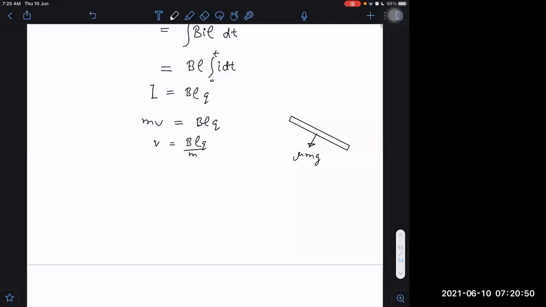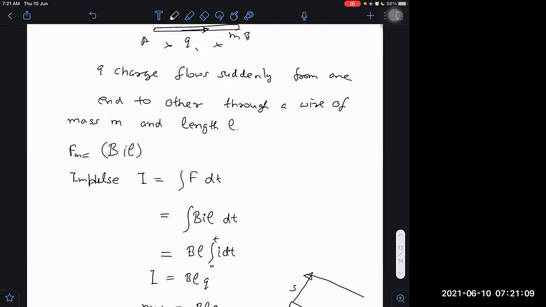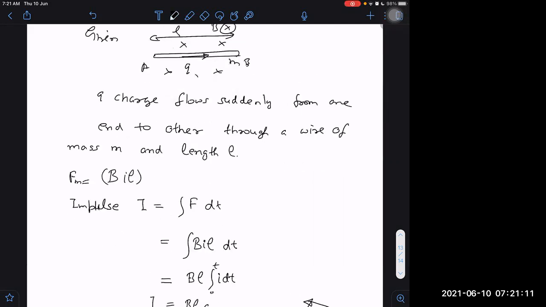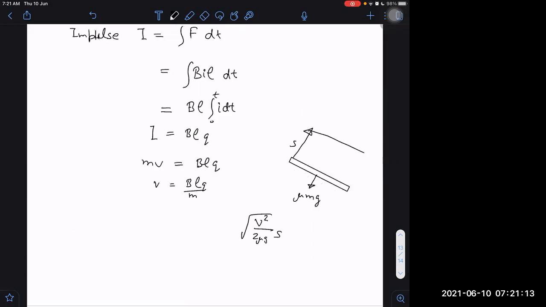Then they can ask what distance it will cover. The maximum distance it will cover comes from v square minus u square equals 2as, so v square by 2 mu g. That is the maximum distance covered on a surface having friction. That could be the question.